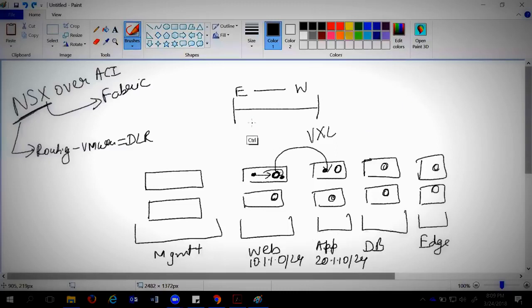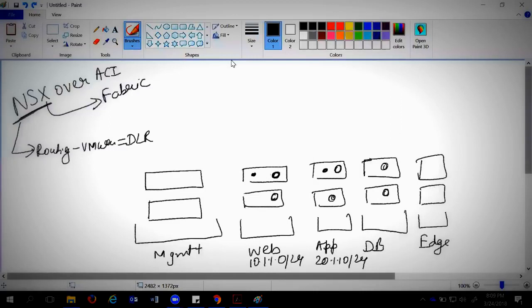But remember, the traffic which has to really go to the internet is usually called north-south traffic. Whenever we have north-south traffic, we would have edges. Edge is a concept again in NSX.